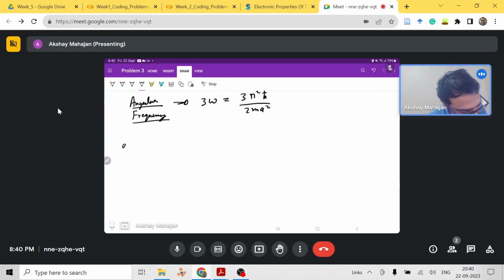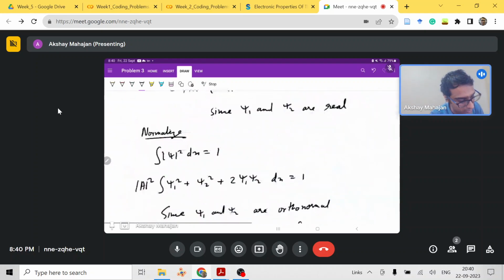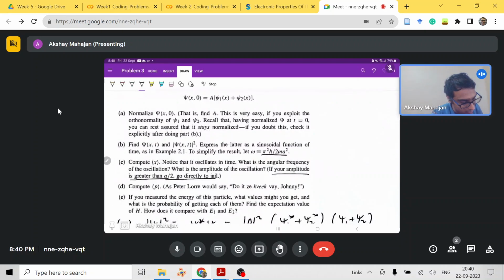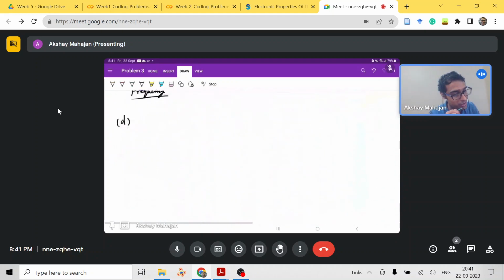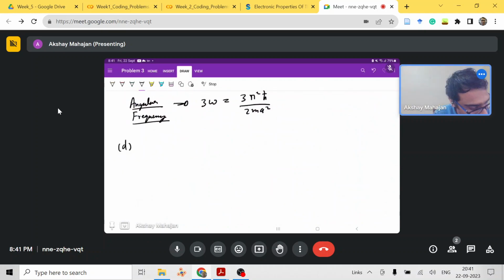So let's go to our D part, where we have to compute the expectation value of the momentum. As it is written very stylishly, as Peter Rhodes would say, do it the easy way, Johnny. So basically the author wants us to do it the easy way. So what is the easy way?